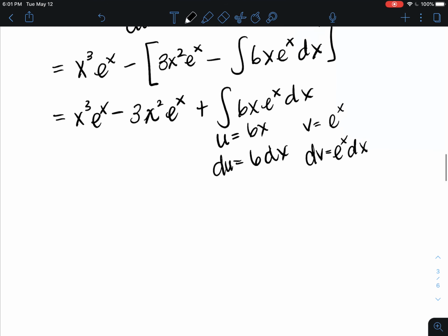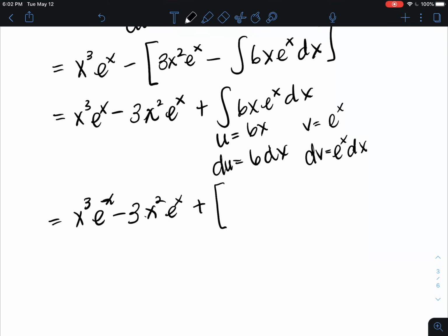Then I have x cubed e to the x minus 3x squared e to the x plus, and if you want to put the brackets, we can put the brackets, 6x times e to the x minus the integral of 6 e to the x dx.